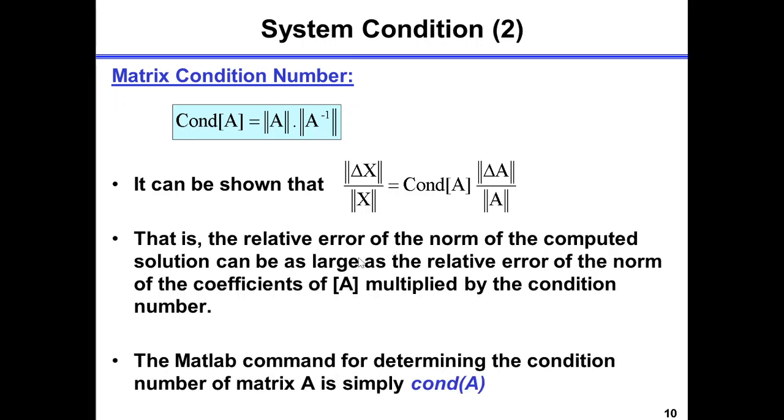And then we can say that this is a relative error of the norm of the computed solution. It can be as large as the relative error of the norm of the coefficient. So this is the delta x, right? With the relative error, what did we say? We said xi plus 1, for example, minus xi, divided by xi plus 1.